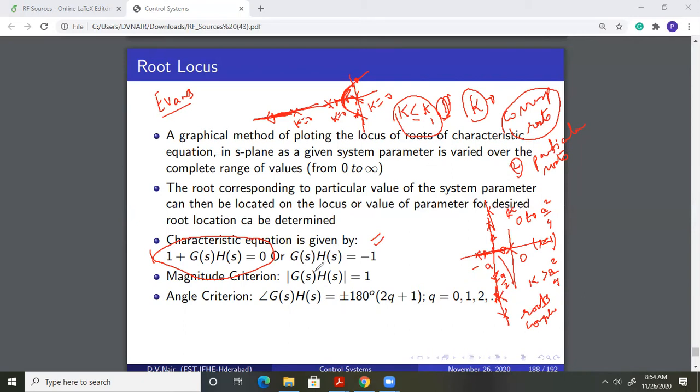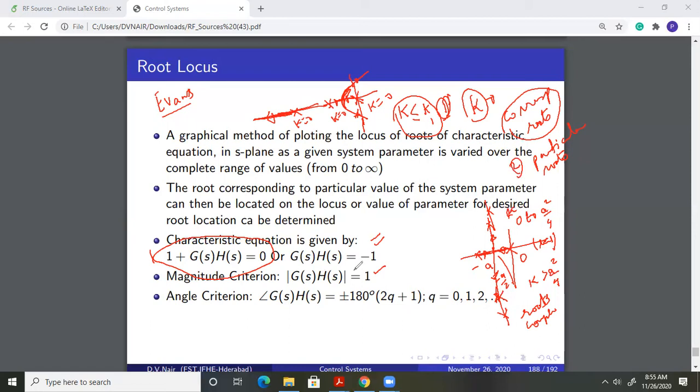So we will get two conditions. One, when the magnitude of G(s)H(s) is equal to 1, if I take the absolute value of G(s)H(s) for this equation, it will be equal to 1, which is called the magnitude criterion. And the angle contributed by G(s)H(s) should be what? Since it is -1, the angle contribution should be an odd multiple of what?